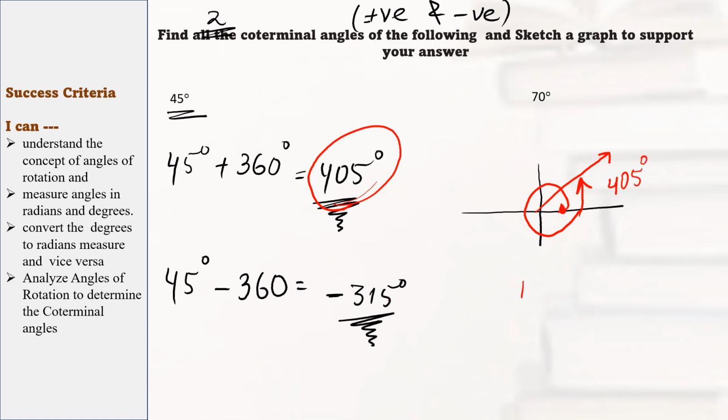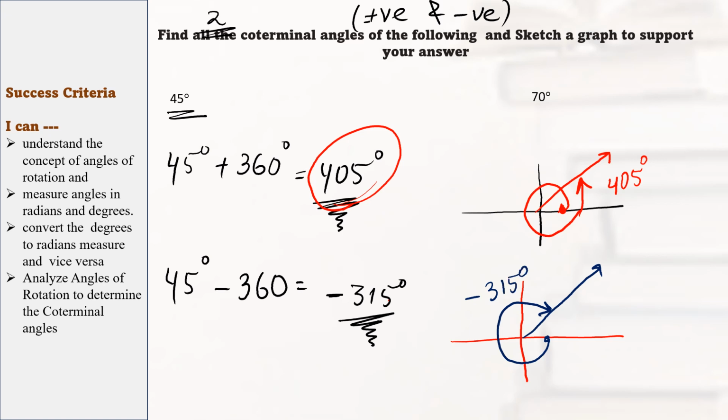Now to make the negative 315 degrees, look, this is my 45 degrees. It means this is my original position. To come back here, from the original position I move clockwise and come back to this position. And this is my minus 315 degrees.